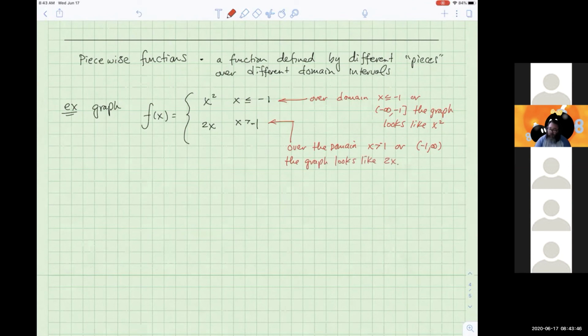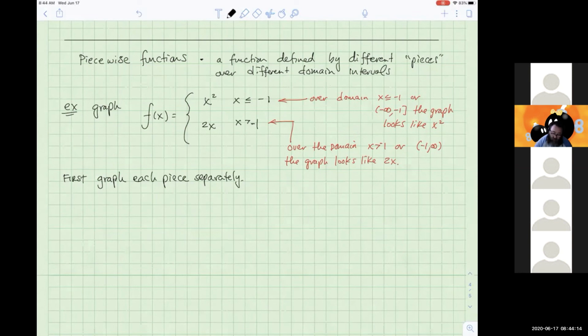So how are we going to graph this, first of all? Well, my suggestion to you is to first graph each piece separately. And the things that you're supposed to be graphing right now should be pretty familiar to you from Math 127.